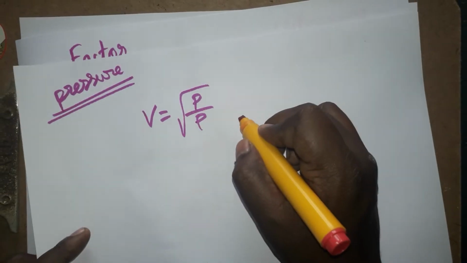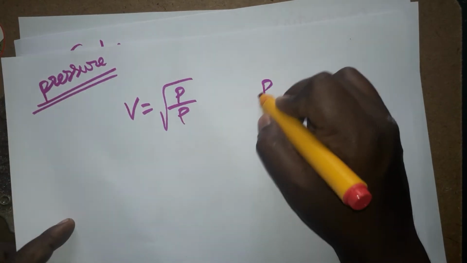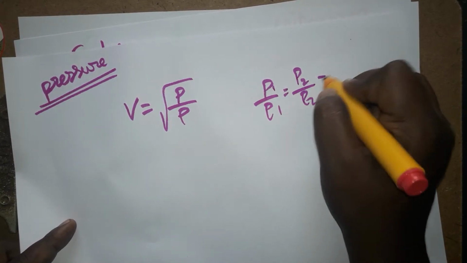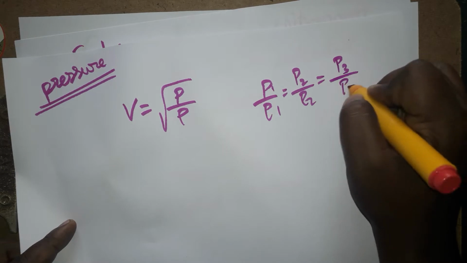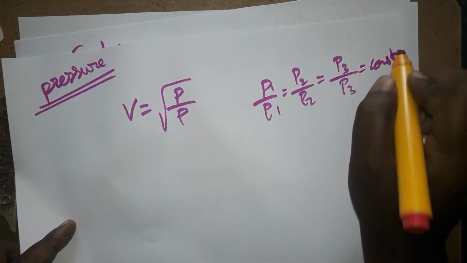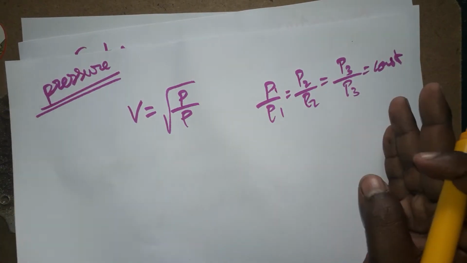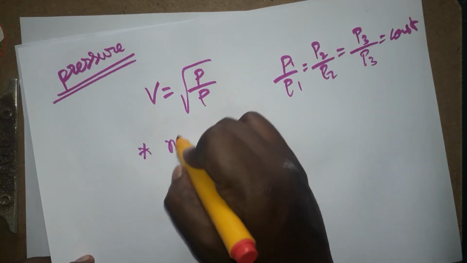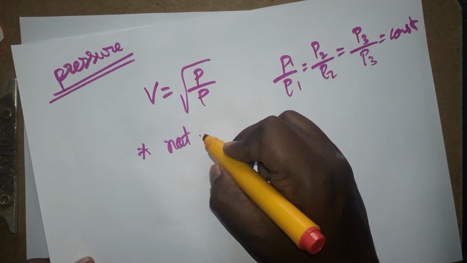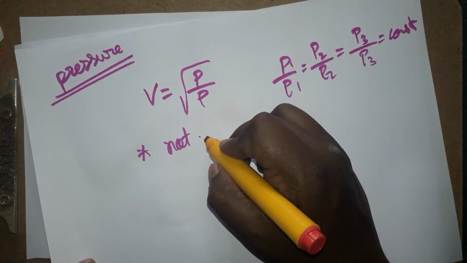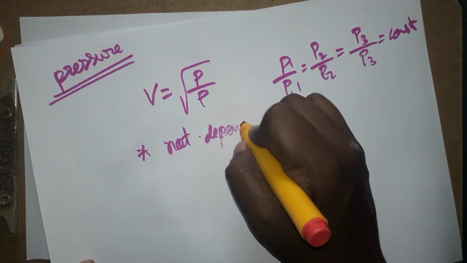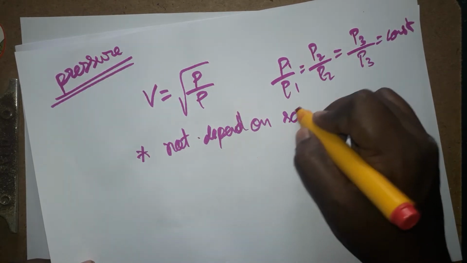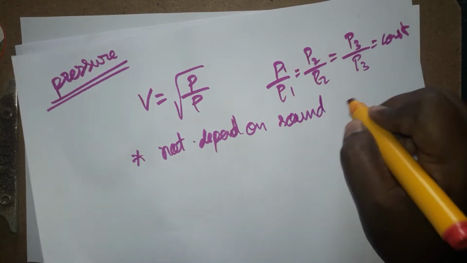Pressure by density is a constant; when the pressure changes, density also changes. That means pressure is not going to affect the sound wave.